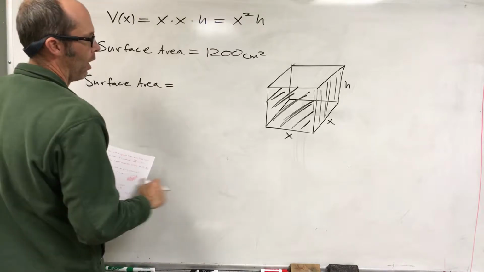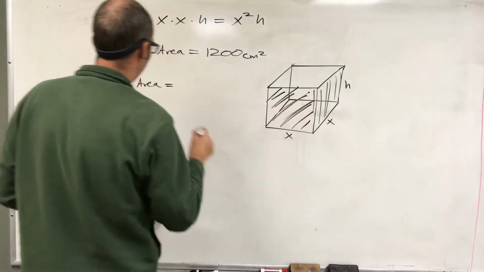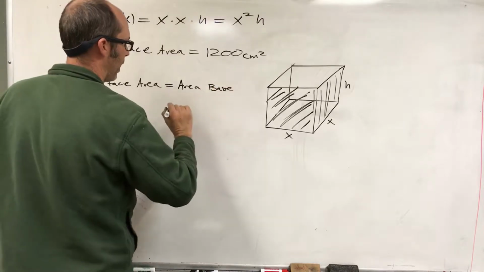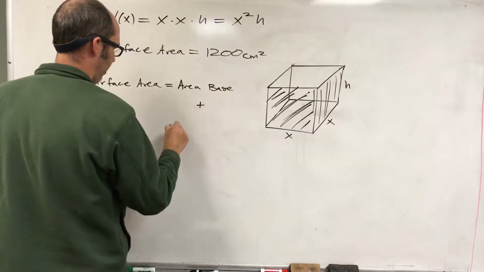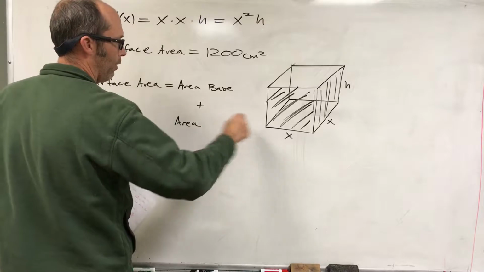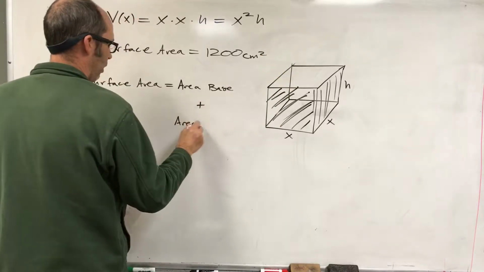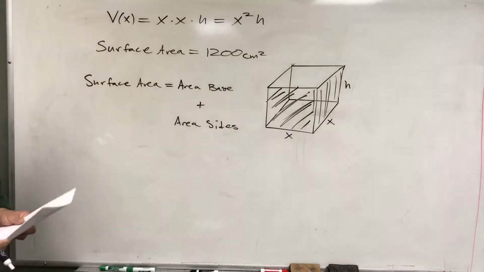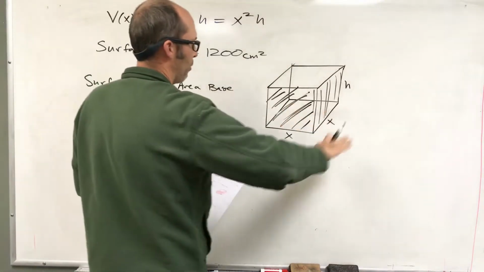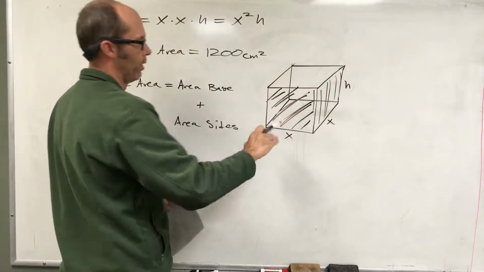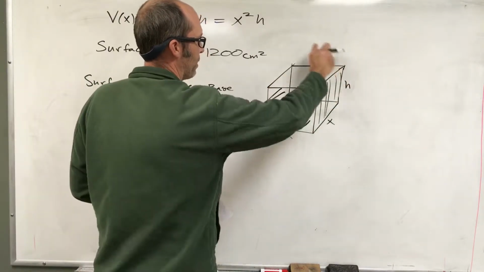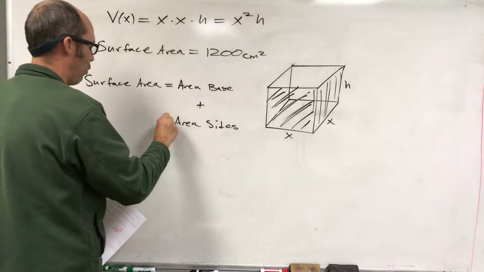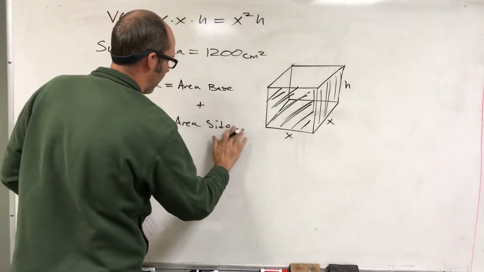It's the area of the base plus the area of each of the sides. There's only one base, but there are 4 sides. Since we have a square base, each of the sides has exactly the same area, so it's 4 times the area of one side.